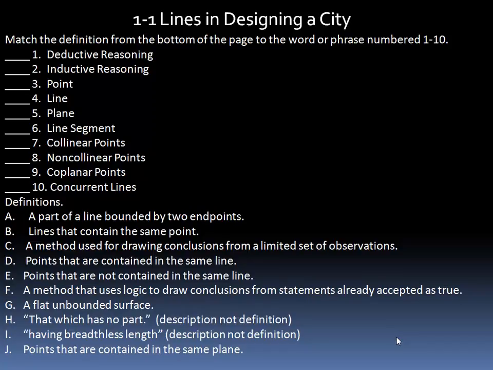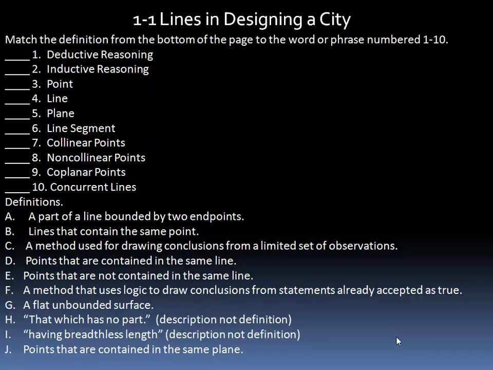Okay, welcome back. Let's see how you did. Deductive reasoning, that's the kind of reasoning that we use in geometry. There's a little section in the book that compares deductive reasoning to inductive reasoning, and you'll use a lot of inductive reasoning in your science class, and deductive reasoning is what we use in geometry mostly.